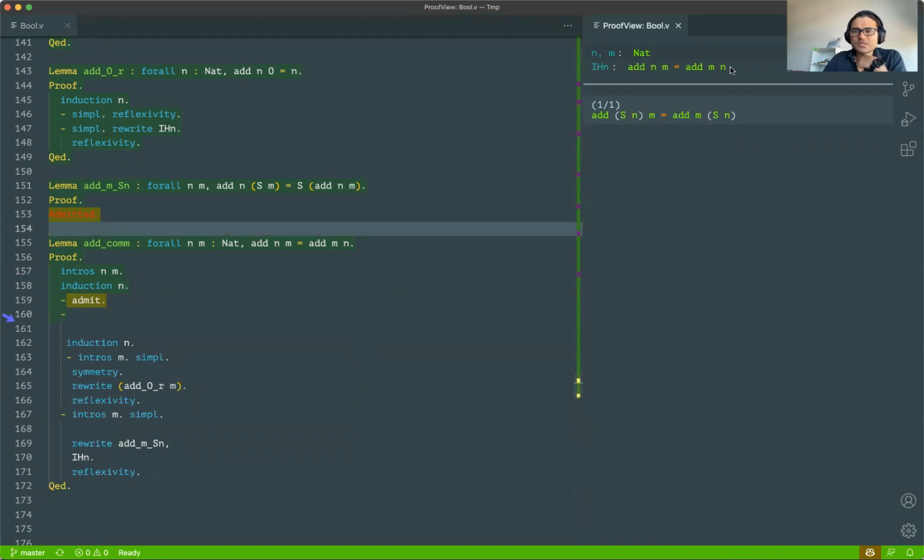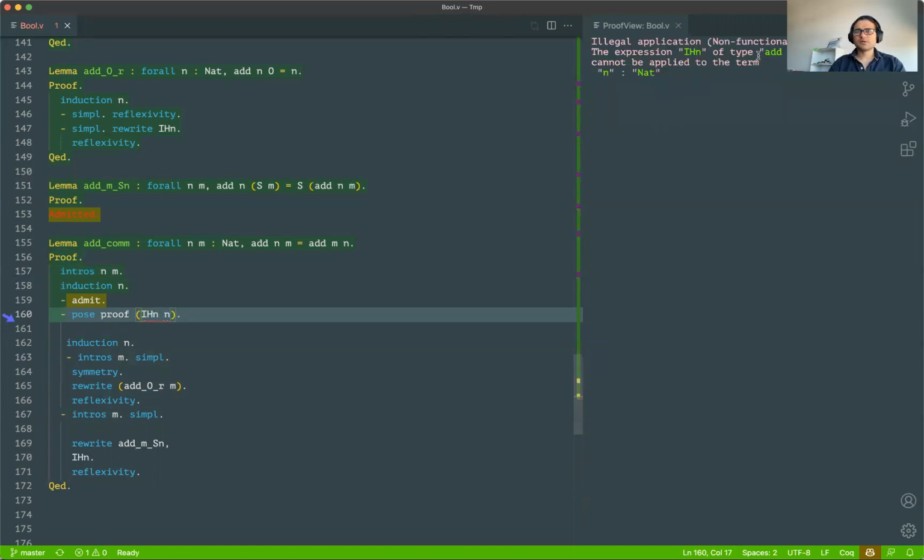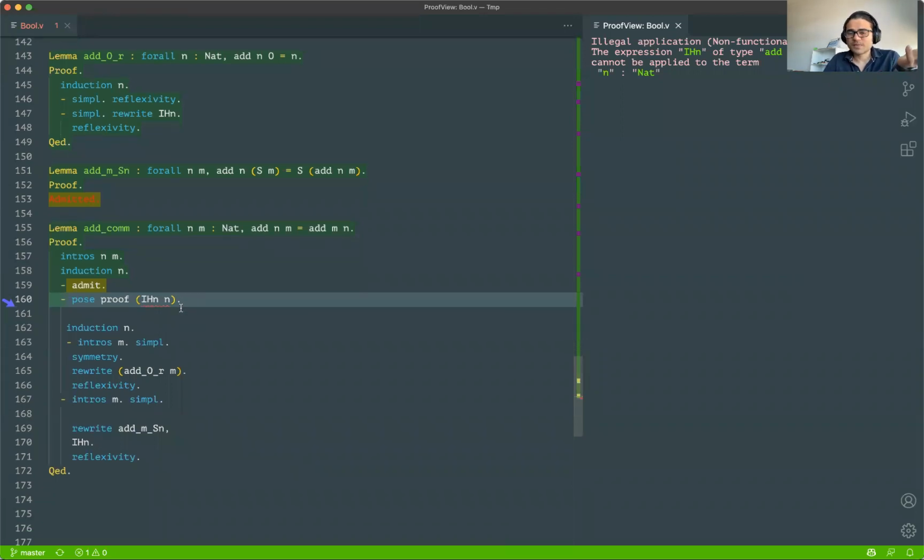And now if you see here, it's not general anymore. I cannot do the thing I did in the previous proof, IHN. You see, it's an illegal application, non-functional construction, because IHN is no longer a function.